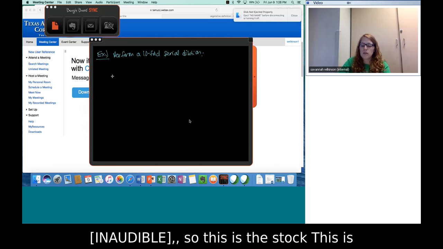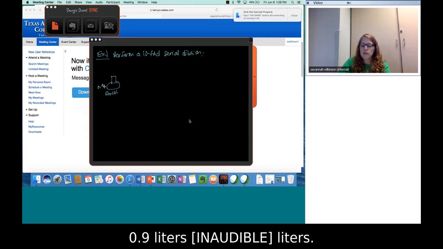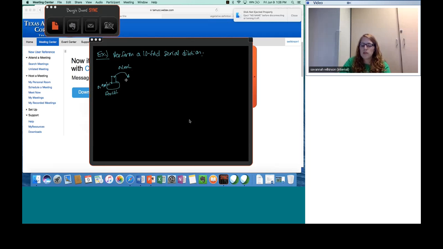So this is your stock. This is 0.9 milliliters. You transfer 0.1 milliliters. 0.9 mils here.